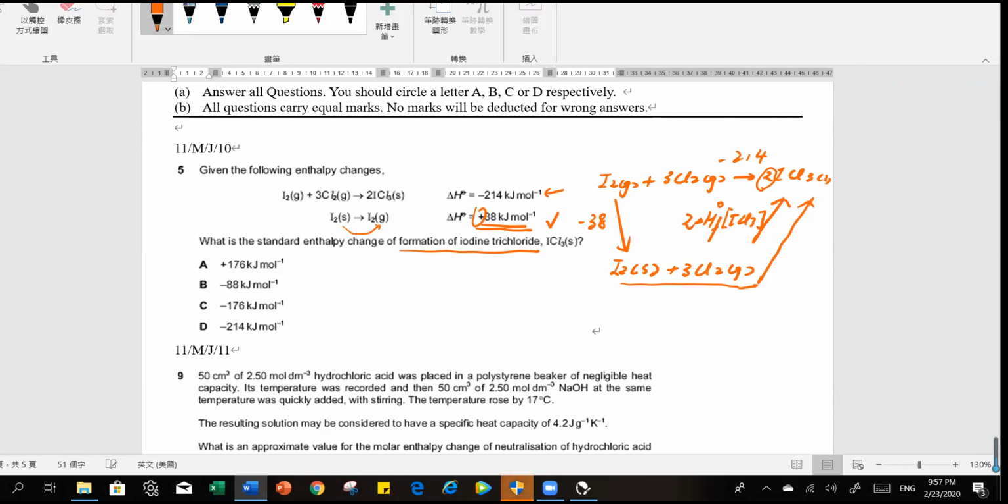Then I basically have the enthalpy, the energy cycle, right? And I can put them together. This one will be equal to this one plus this one, right? So it will be equal to negative 214, okay? Equals negative 38 plus this one.